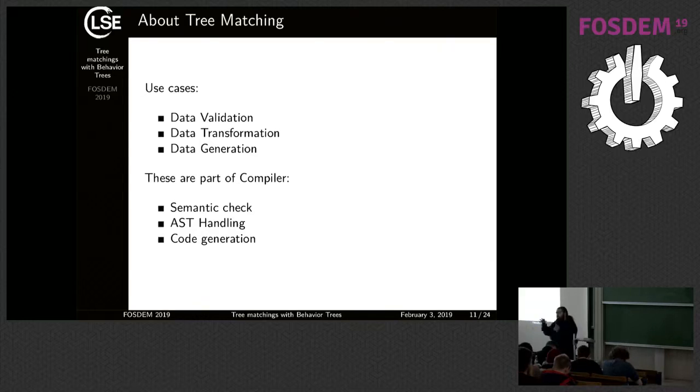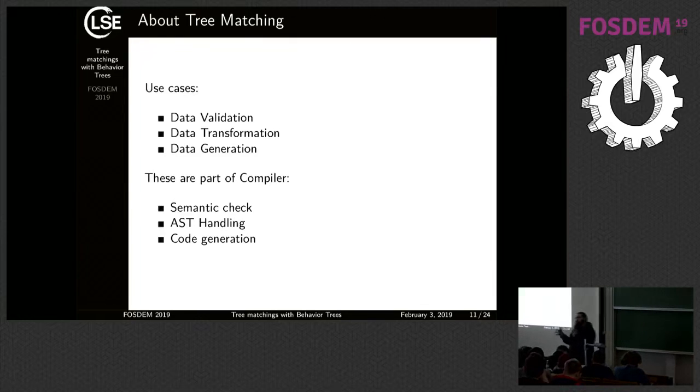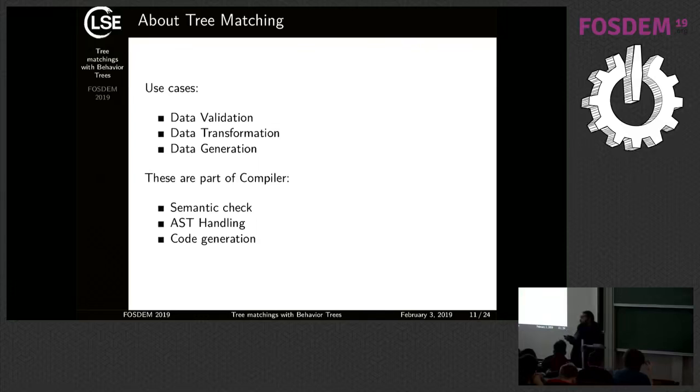And in fact, all these use cases are inside the compiler. When you want to identify some pattern in your big data tree, this is a semantic check, because the semantics, the meaning of what you write in your language, is represented in an AST, which is a good tree construction. All AST transformation could be done with tree matching, and at the end, code generation is basically tree matching.